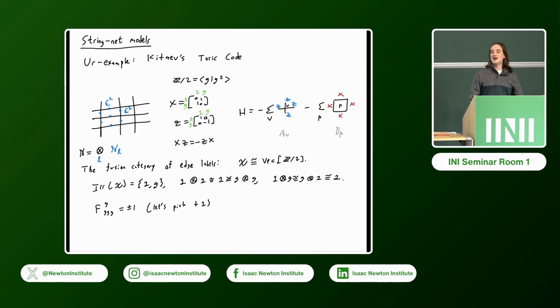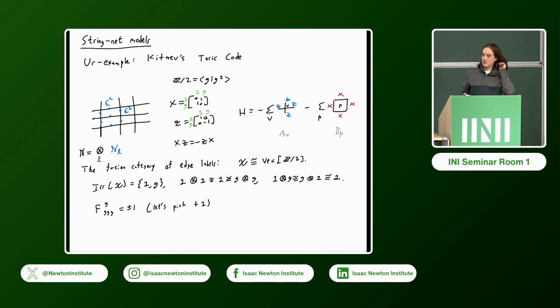So, string-net models. This is, again, a way to take as input a fusion category and as output a somewhat physical system in a certain topological phase. I think the earliest example of this is the toric code, which has already been mentioned in some talks today, but I will speak about it again a little.